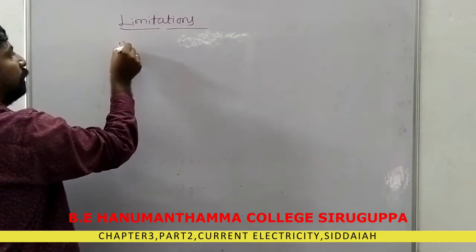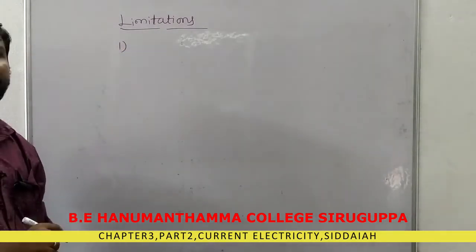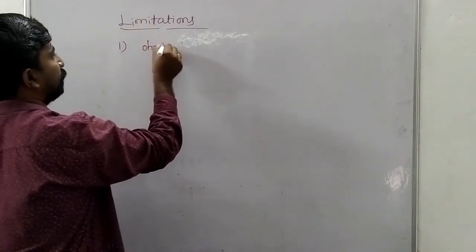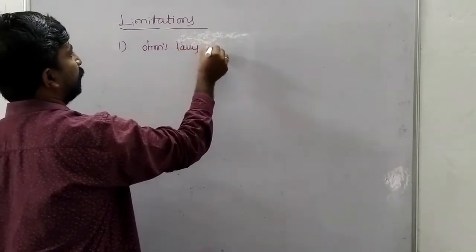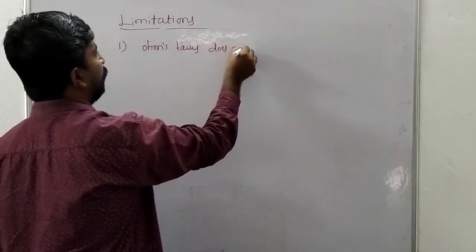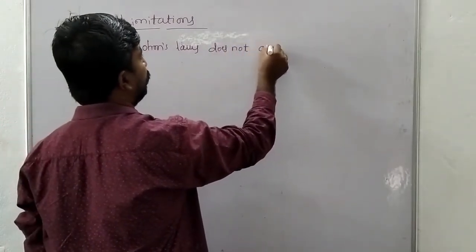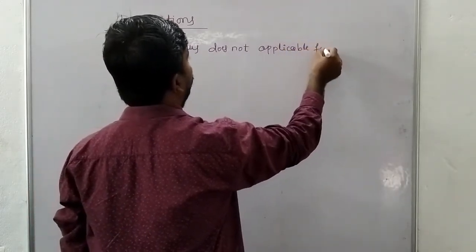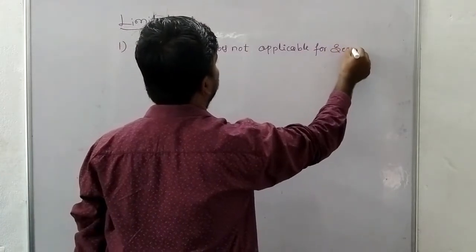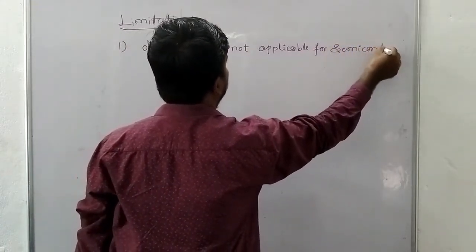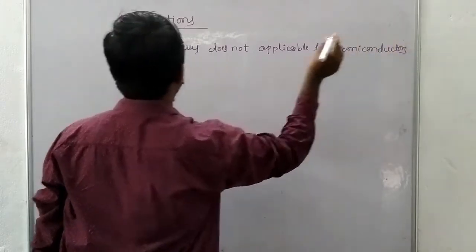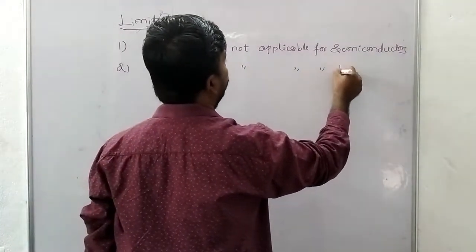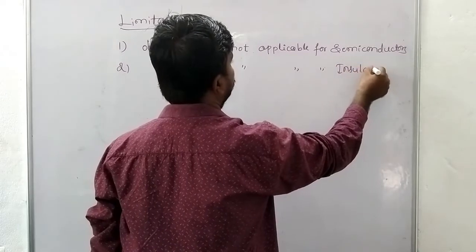One by one. Ohm's law is not applicable for semiconductors. Similarly, Ohm's law is not applicable for insulators.